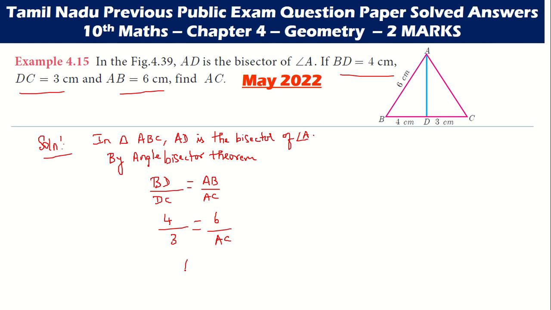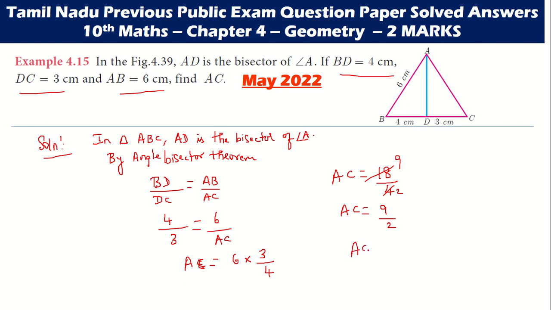So AC, if it goes to this side, this becomes one. So AC is equal to 6 into 3 by 4. So AC is equal to 18 by 4. So AC is equal to, cancel this, this is 9, this is 2, which means 9 by 2.